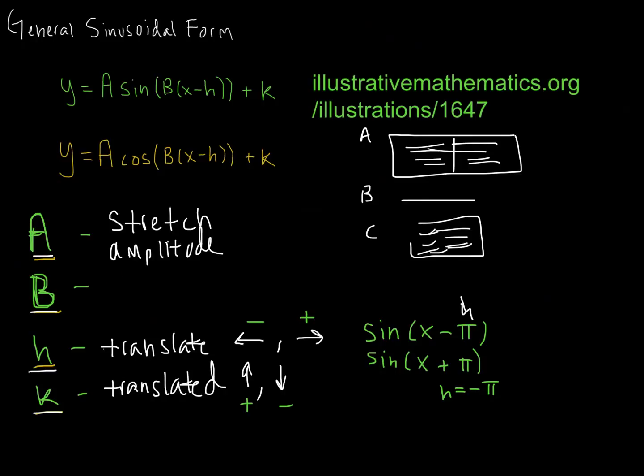I think in one of your examples, you tried b with a value of 2, and you'll see that this actually brings the maximum points twice as close together. And that, of course, will affect the period of your function. So what I might say is this compresses the function.